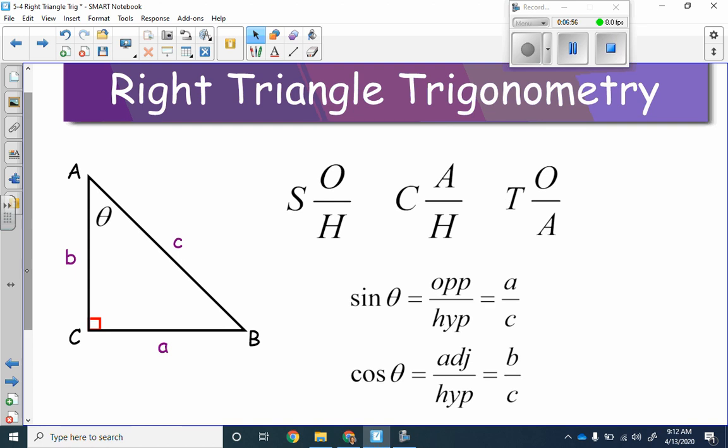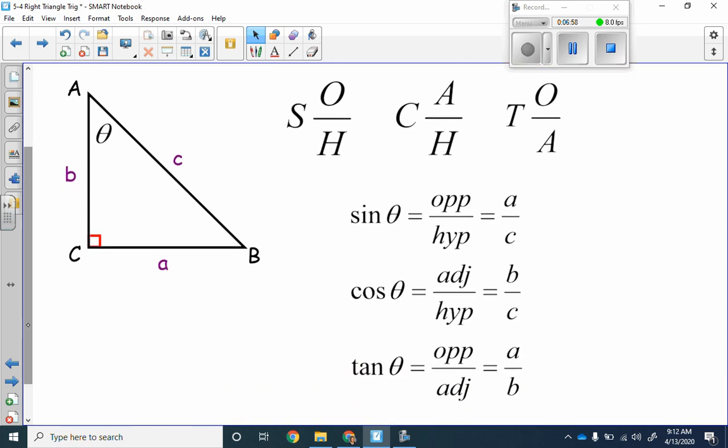So right triangle trig, and you probably remember seeing this: sine, cosine, and tangent. And hopefully you remember that sine is your opposite over the hypotenuse, cosine is the adjacent over hypotenuse, and tangent is opposite over adjacent.